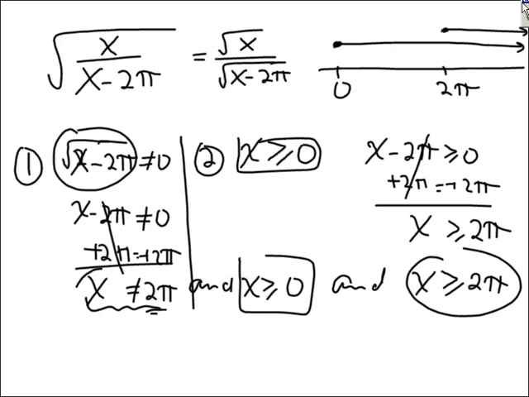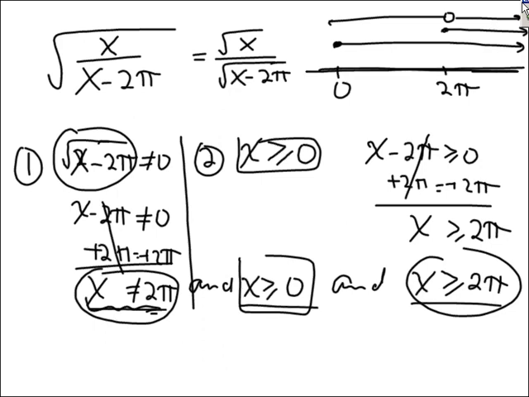The first one says x can't equal 2 pi. That means it can equal anything but 2 pi. Since there are 3 conditions, I want all numbers on this line that have 3 lines above them. This value, for example, only has 2 lines above it.